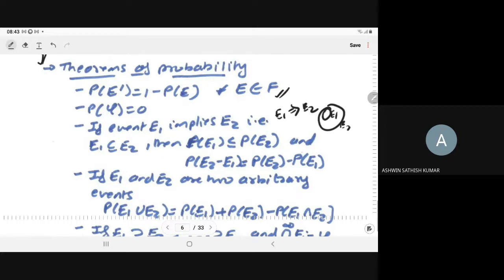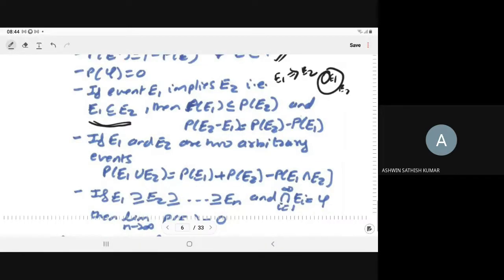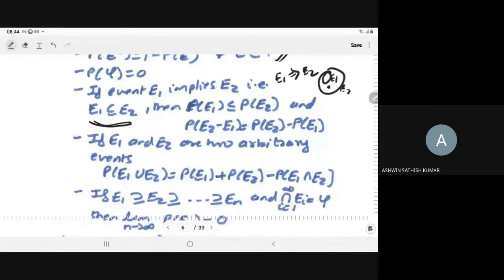So E1 is a proper subset of E2, then always the probability of E1 is less than or equal to the probability of E2, and the probability of E2 minus E1, this portion, is equal to the probability of E2 minus the probability of E1.